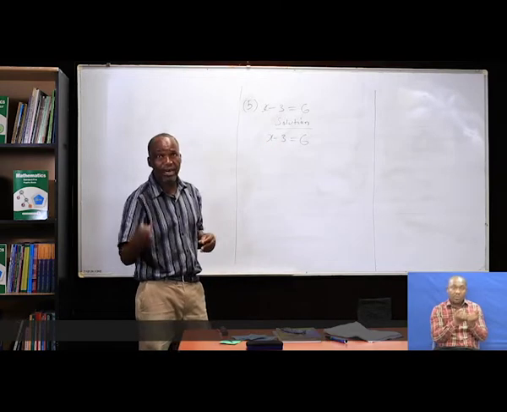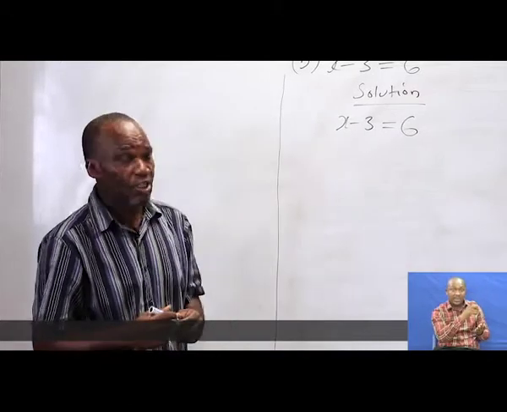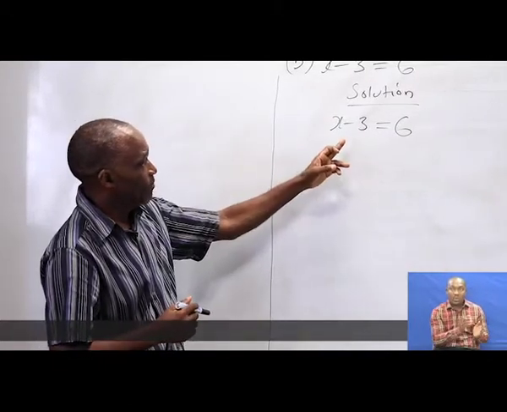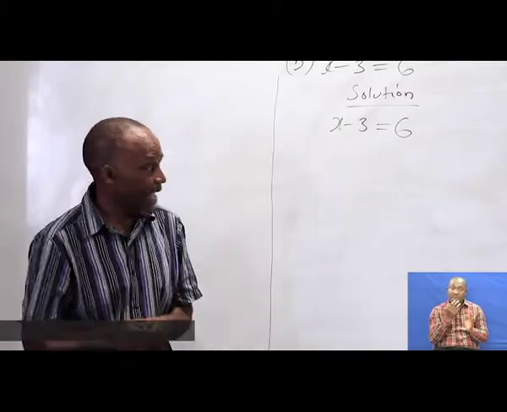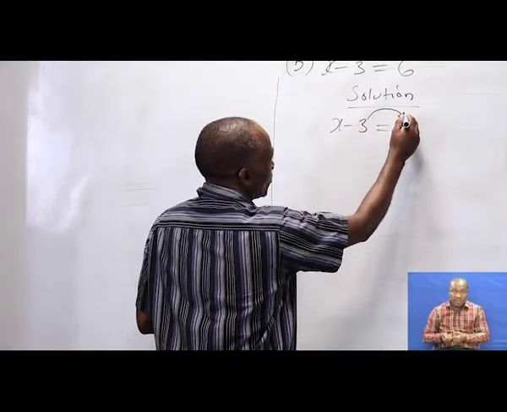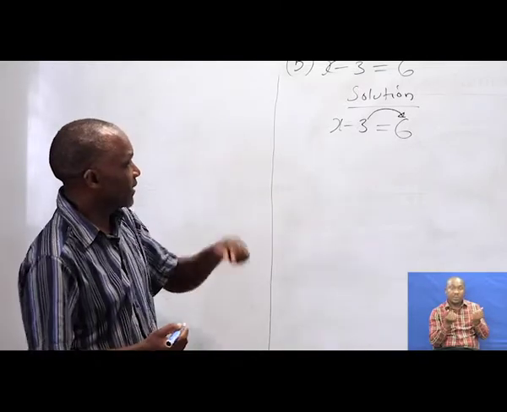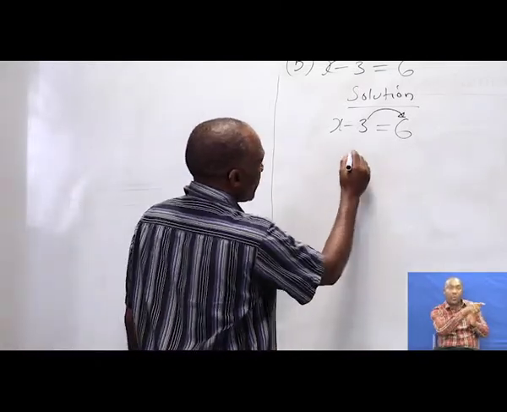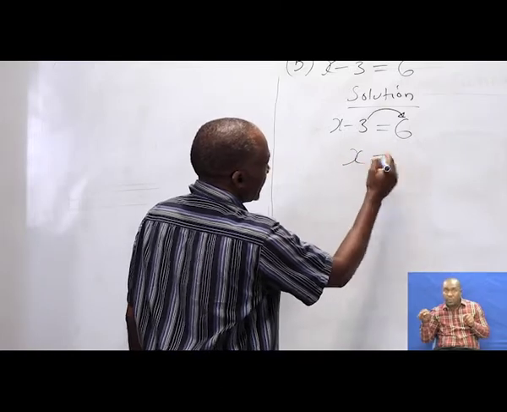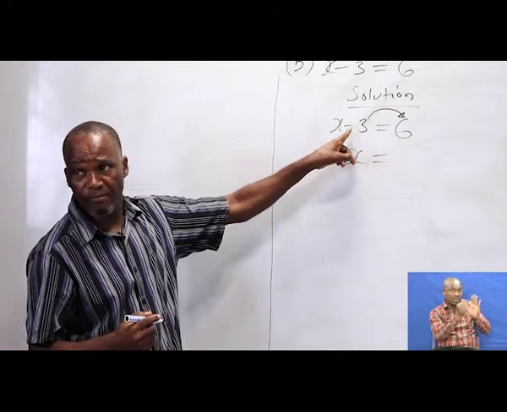How can you make it alone? It means we have a numeral, which is 3. So 3 must be shifted to another side. So draw an arrow here to indicate that 3 is moving to another side. Then do not forget what is the sign of that number. It is -3.